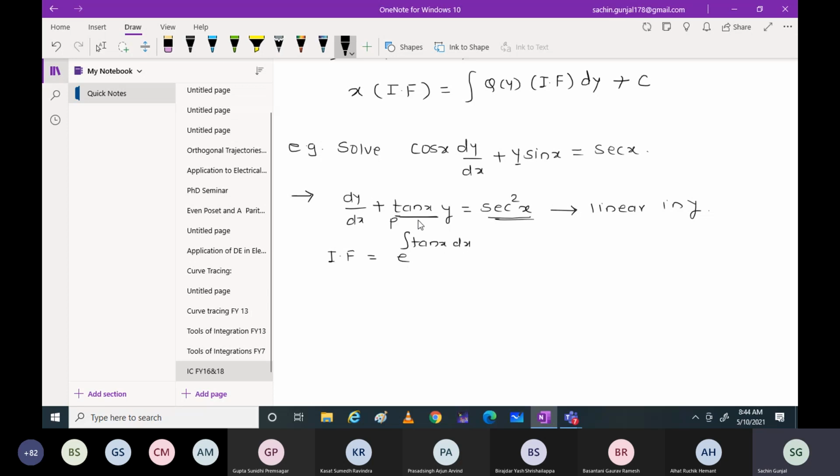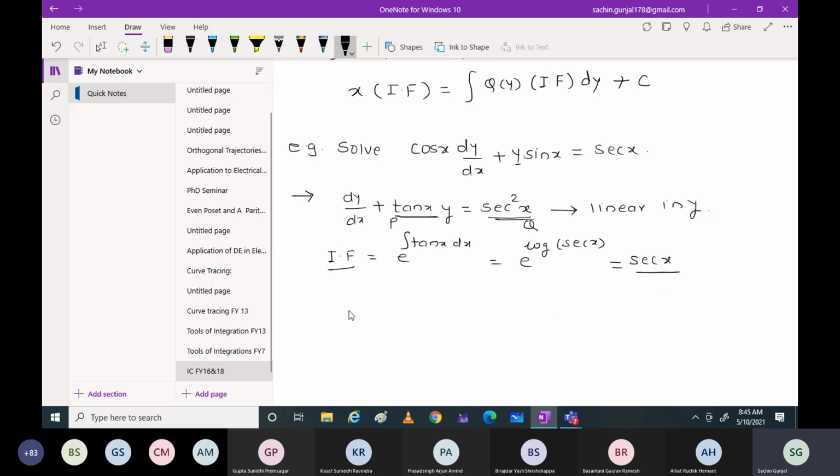Let me mention this as p, this as q. So e raised to, what is the integral of tan x? Log of sec x. Good. So e raised to log of a function is nothing but that function itself. So the integrating factor is sec x.